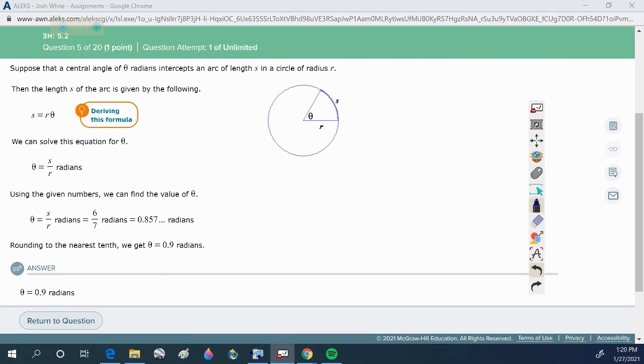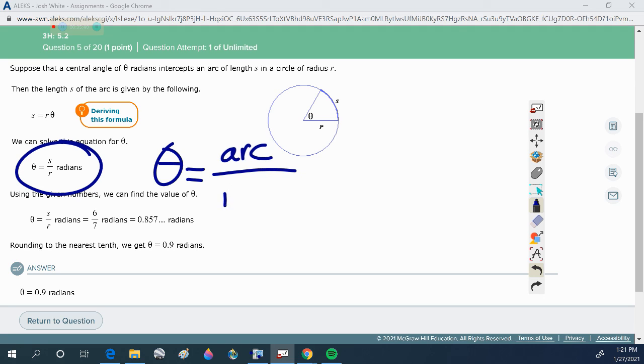The formula is this. S is the arc length and R is the radius, so I plugged pi in. I didn't need pi. So to find the angle, all you have to do is take the arc length and divide it by the radius. That's your answer. Sorry, I made it more complicated. And then round to the nearest tenth. Okay? Get to work.